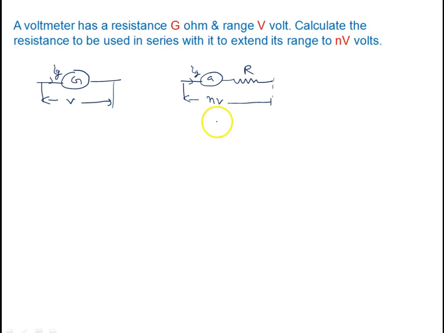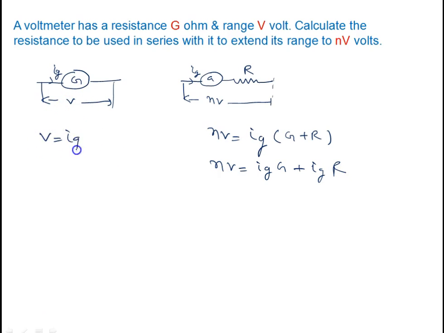Now if I write the equation here, what I will say is NV equal to Ig into G plus R, or you can say NV equal to Ig into G plus Ig into R. And here what you get is the equation V equal to Ig into G. So Ig, the full scale deflection current which will remain unchanged, is V upon G. I put the value of Ig from this equation into the other equation.